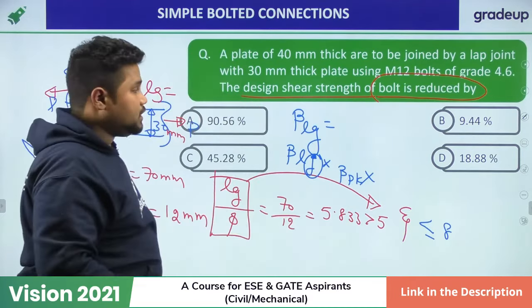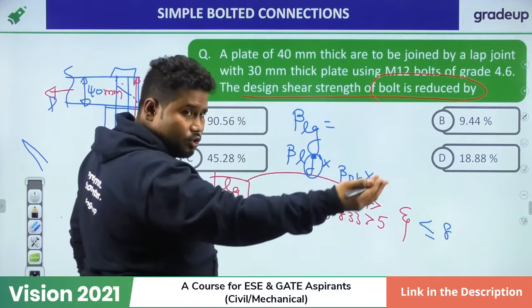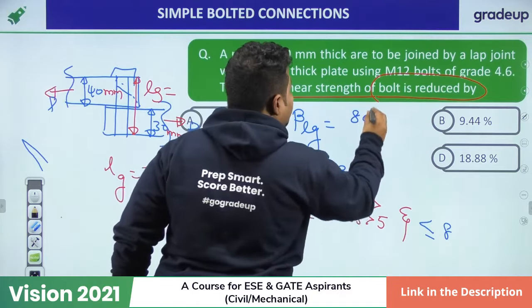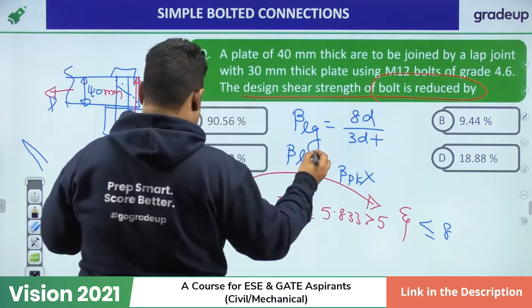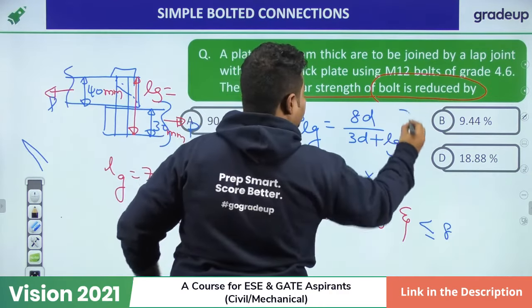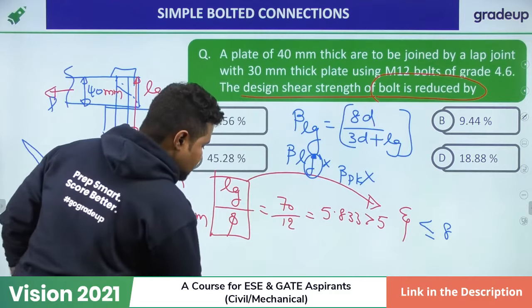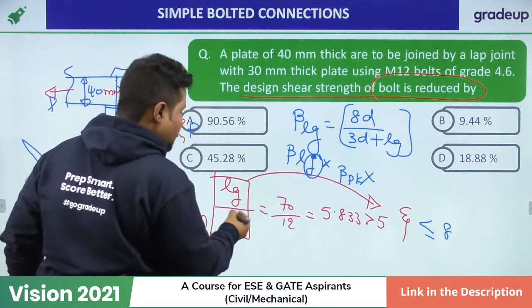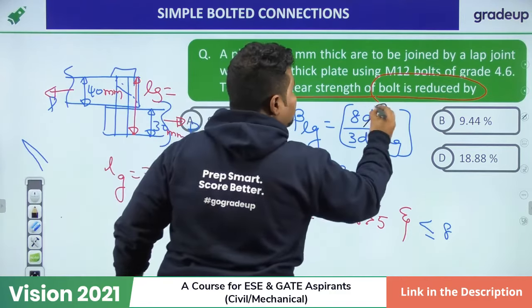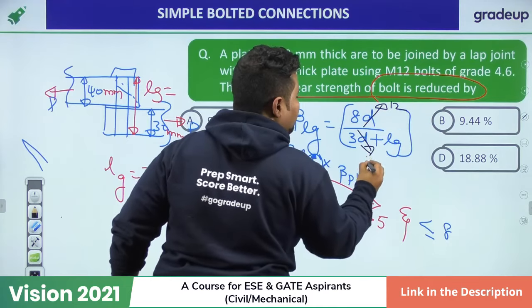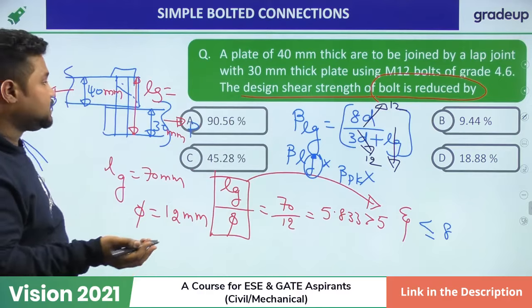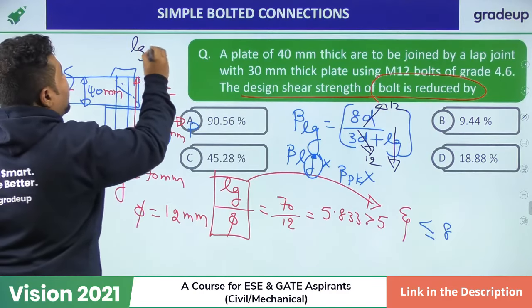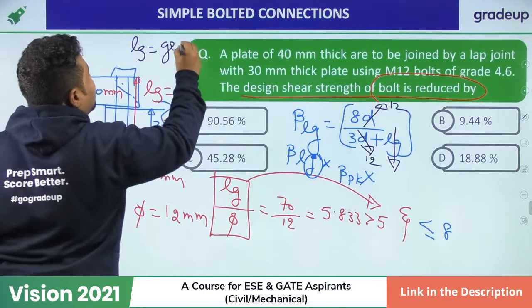Coming to beta LG, the reduction factor due to long grip, which is 8D by 3D plus length of the grip. D stands for the diameter of the bolt here, which is 12 millimeter, so this is also 12 millimeter. LG stands for length of grip, or grip length as people also call it.